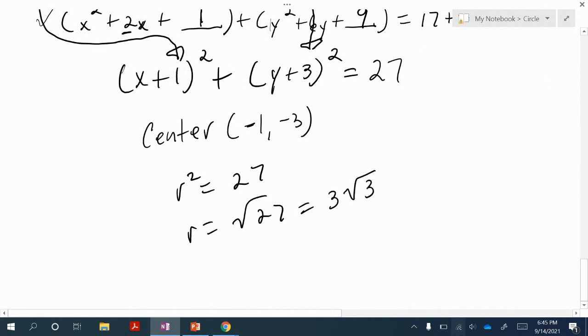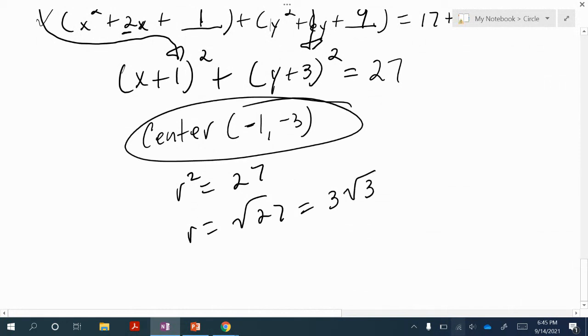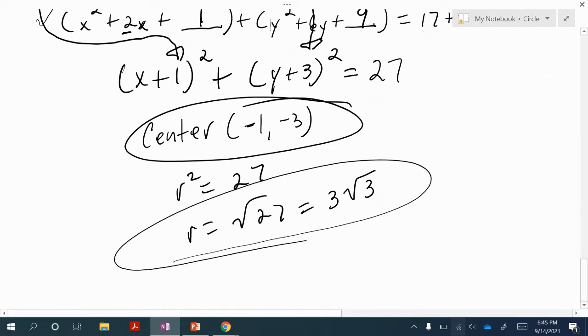So the square root of 27 simplifies down to give us 3 square root of 3. So we have our center as -1 comma -3, and our radius as 3 square root of 3.